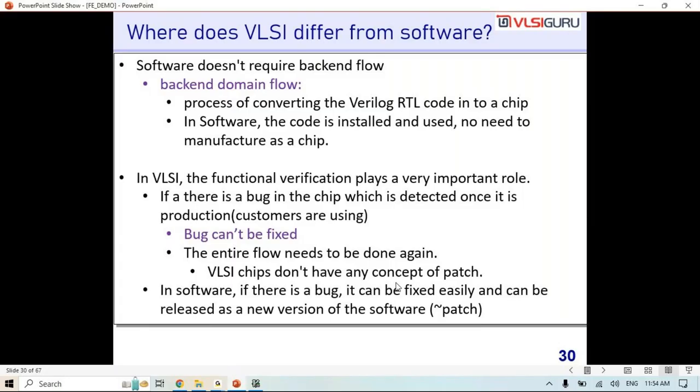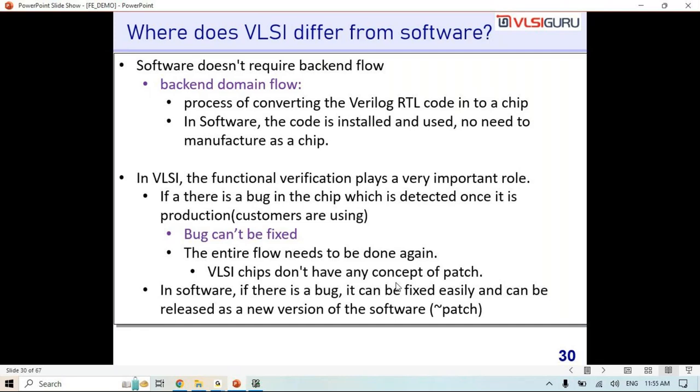Once there is a bug, you have to redo the entire thing again. You cannot go and do small fixes in the chip. Got it. That's why in VLSI, verification plays a very important role. The domain which you are choosing, most of you are joining for what?